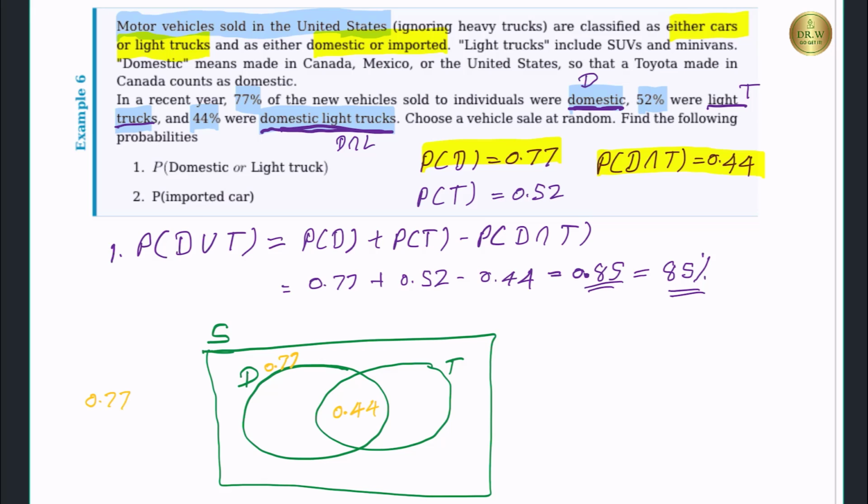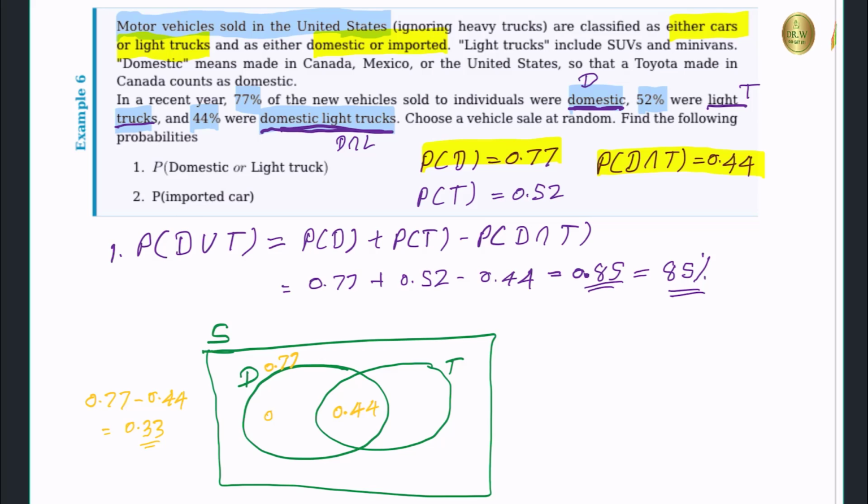Then only common area is 0.44. Therefore, only D part is 0.33. We subtract the common area, that means the intersection part, from the whole number from the probability of D.